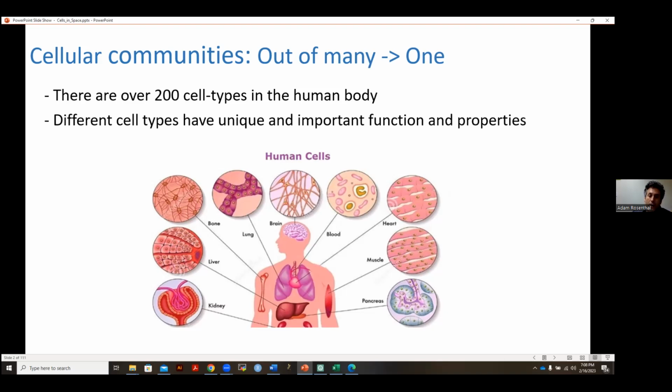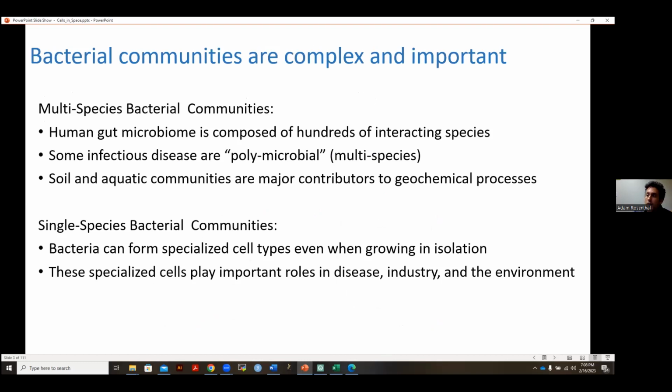And so when we talk about multicellular behavior in a multicellular organism like a mammalian system or a human, it's very easy to understand. But when we talk about it in bacterial communities, there's also a lot of complexity and multicellular interactions in these systems.